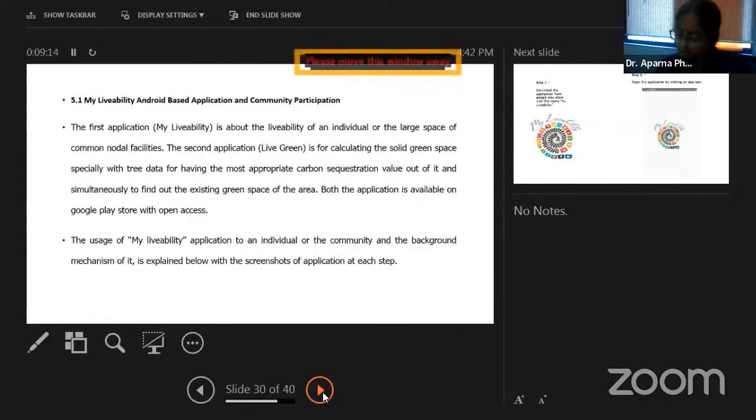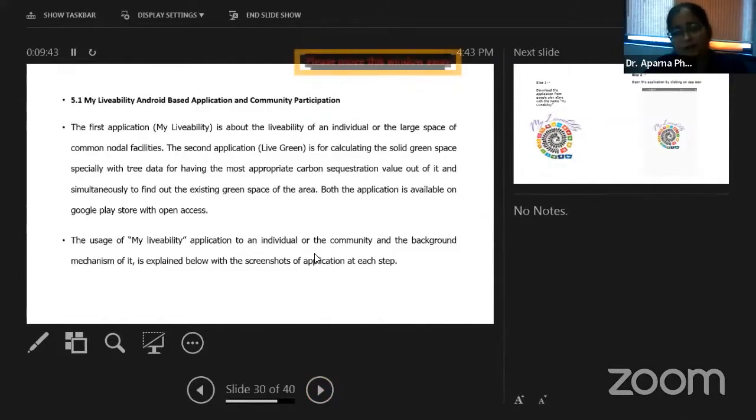Many a time whenever it comes to development of benchmarks, we will find that benchmarks are developed at the city level. They are not developed at the local level. Hence, if we engage the communities in developing their own benchmarks, it will be easier for planners to know what is the availability of a particular facility and what is exactly the deficit.